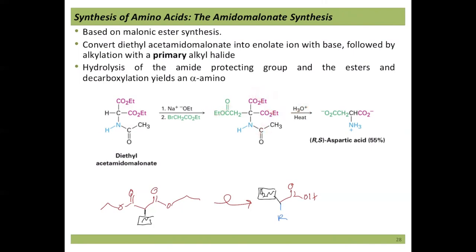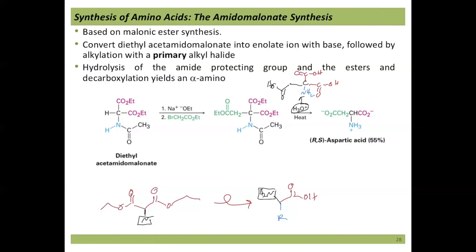And so after just this step, what we would expect is carbon, carboxylic acid off there, carboxylic acid off there, and then a carboxylic acid off of here, and then you would have an amine off of here. So that's what you get just after you hydrolyze everything.